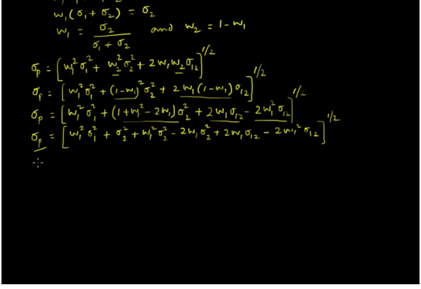From the resulting equation, we are going to solve for W1. Once we have W1, W2 is simply 1 minus W1. So let us write down the partial derivative of the standard deviation of the portfolio with respect to W1.